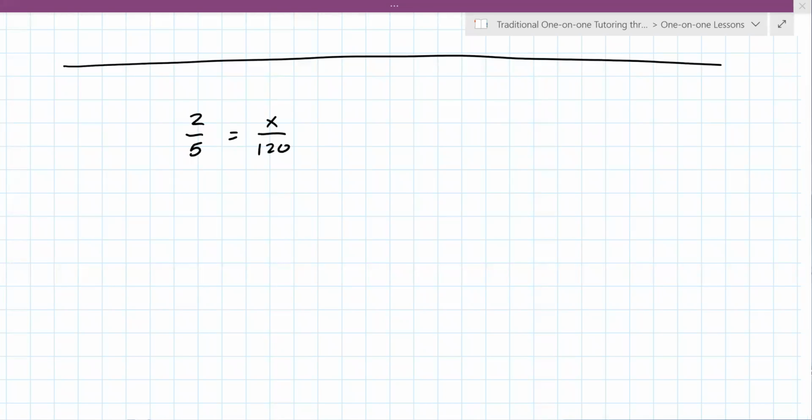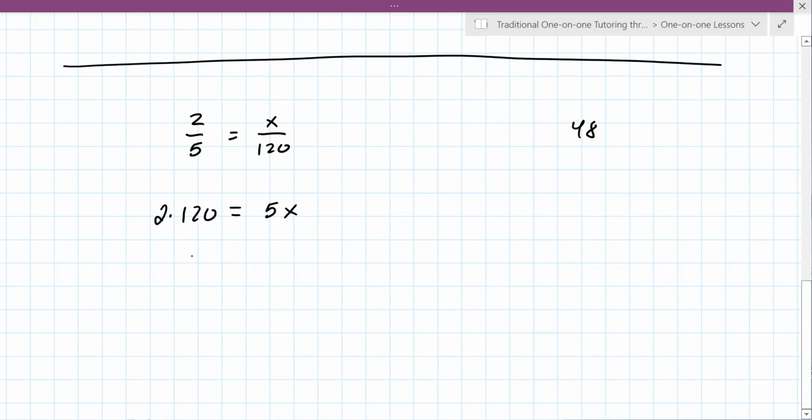Yes, I will do that. 48. Yeah, you got it. X is 48. I'm just going to work it out in case you want to look at the solution later.